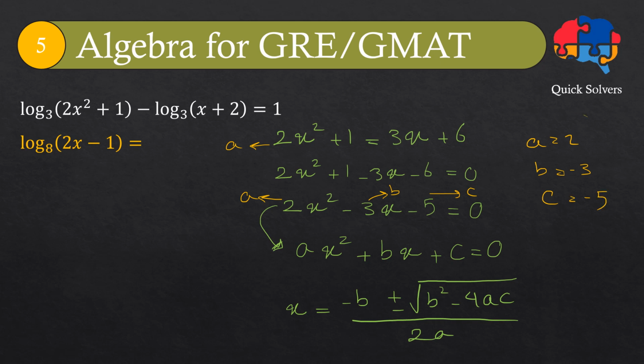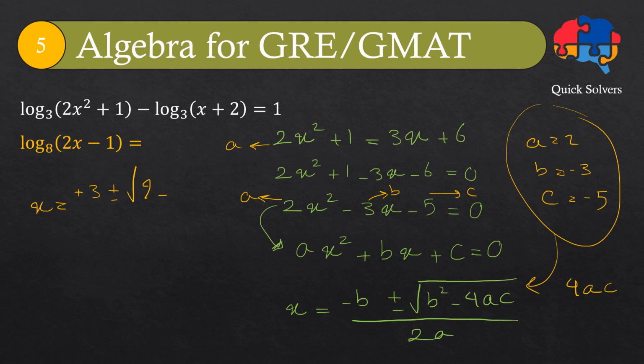If I replace all these values here, we get x equals minus minus 3, which is plus 3, plus or minus the square root of minus 3 to the power of 2, which is 9, minus 4 times a times c, which is 4 times 2 times minus 5, which is minus 40.